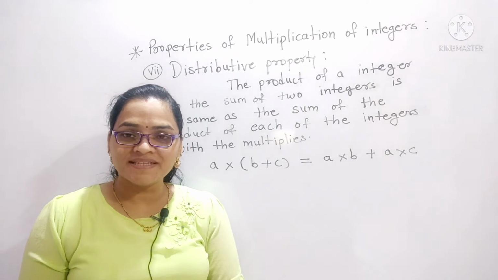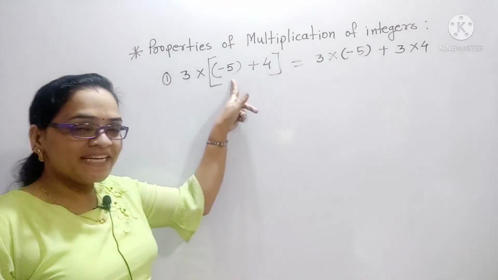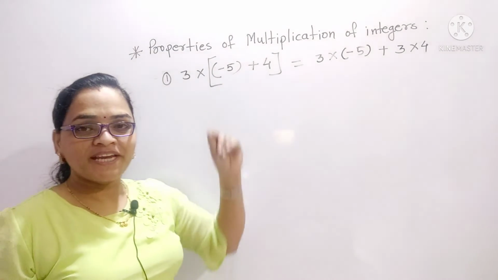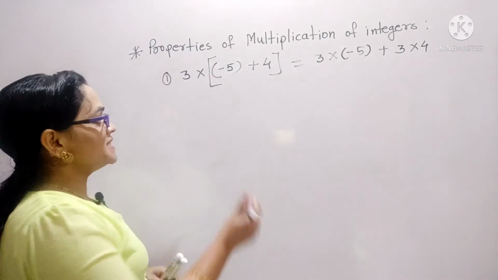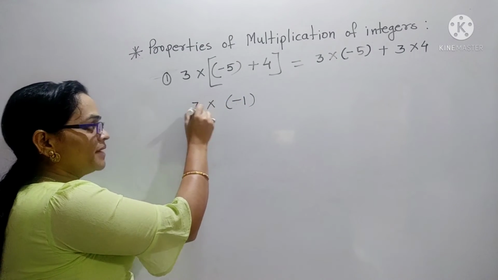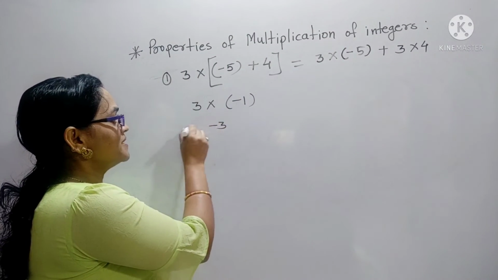With an example, see the first example: 3 into minus 5 plus 4. First we have to find the sum of minus 5 plus 4. The sum is minus 1. This minus 1 we have to multiply by 3. Then what is the product? 3 into minus 1 is minus 3.